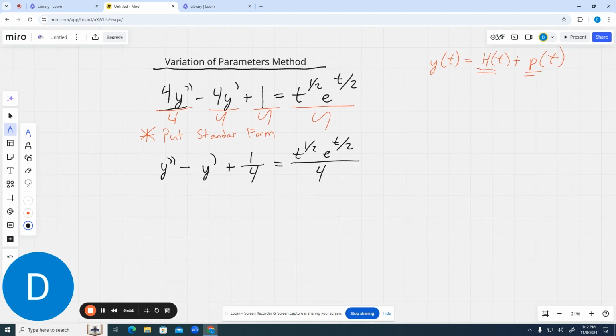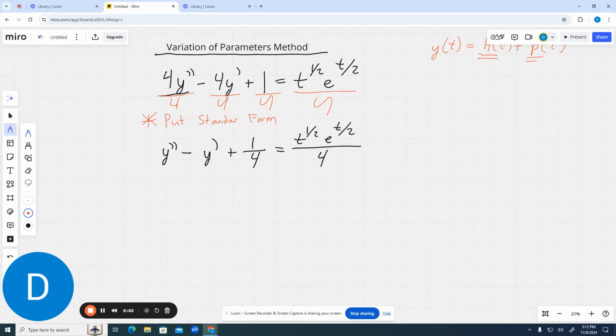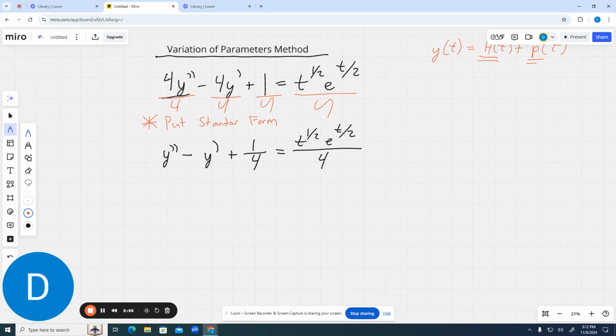Now, that is the first step. Every time you solve using the variation of parameters method, the first thing you want to do is put it in standard form. The second thing you want to do is to solve the homogeneous equation, the h of t equation.